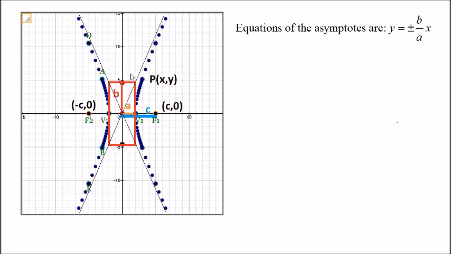And now let's draw the two diagonals of the principal rectangle. These are called the asymptotes. So the equation for this asymptote will be positive b over a times x. The equation for this asymptote will be negative b over a times x. And the center is at (0, 0).